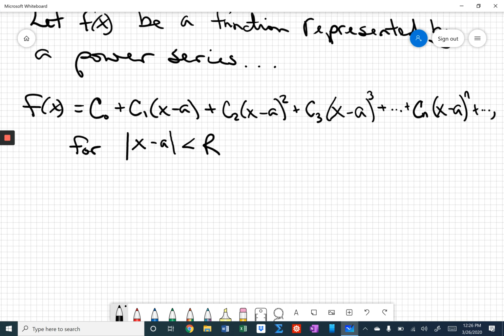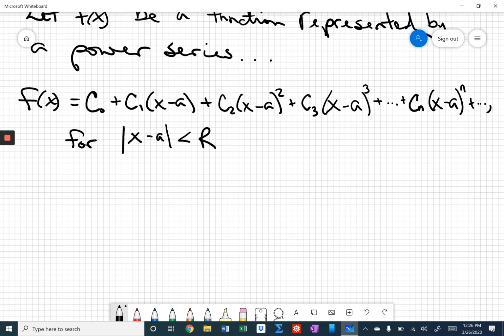Now the function we're dealing with right now is just f of x, and then we'll of course be able to apply it specifically to examples that we'll look at later. So let's start with something very, very simple, okay? If I just let for a moment x equal a, then what do I get?